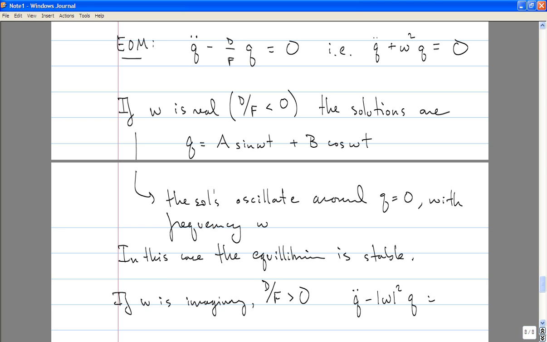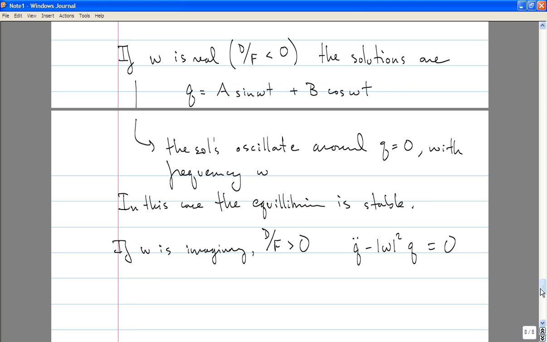And that is perhaps an even easier differential equation to solve than the previous one. The solutions are given by q is some constant times e to the plus omega t.